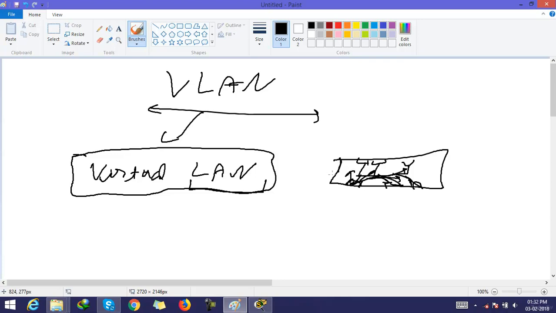But if we want, these two PCs are department 1 PCs.